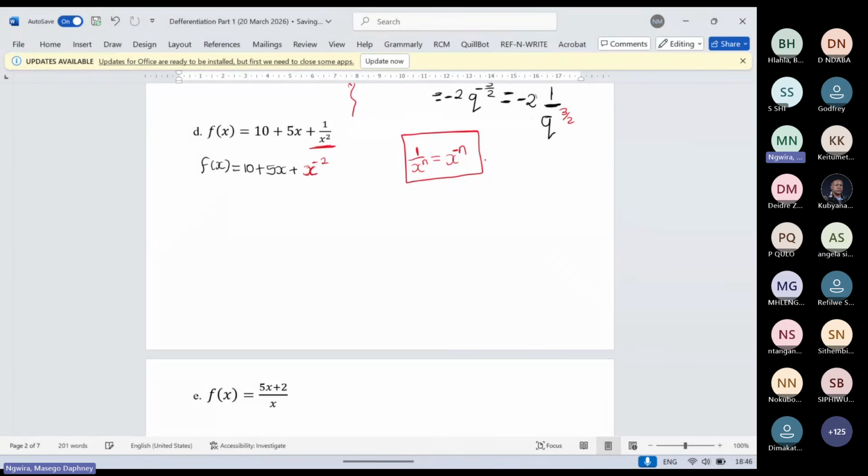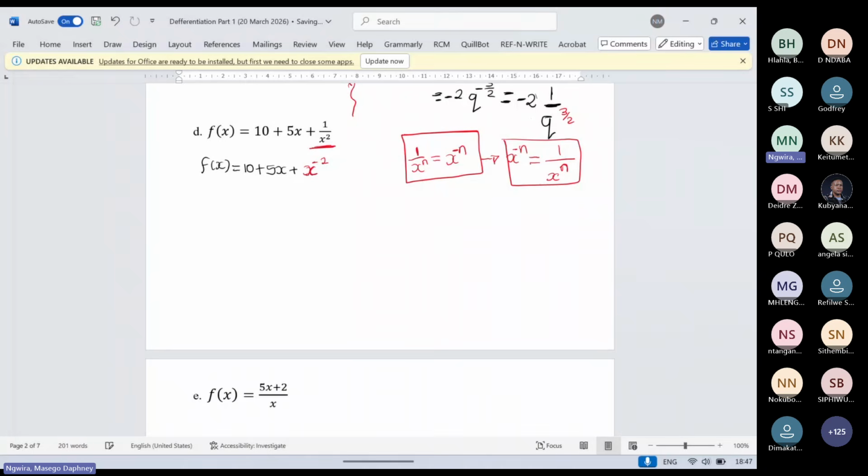And then vice versa. If you have x to the power of -n, you change it to be 1 over x to the power of positive n. This too.